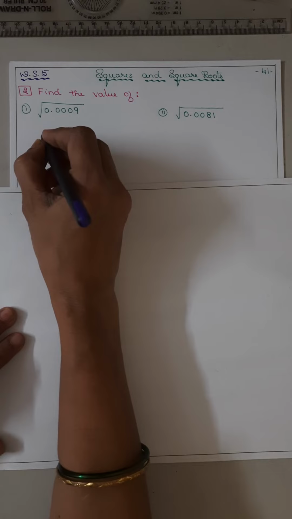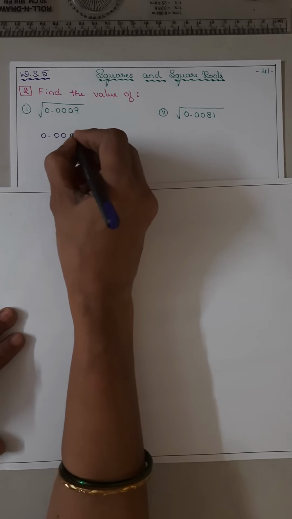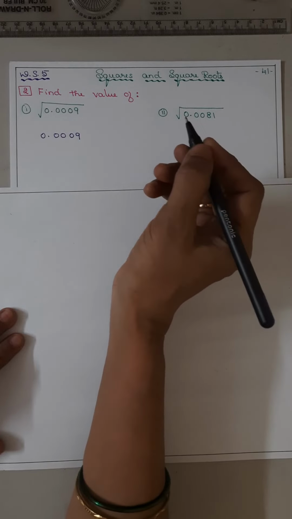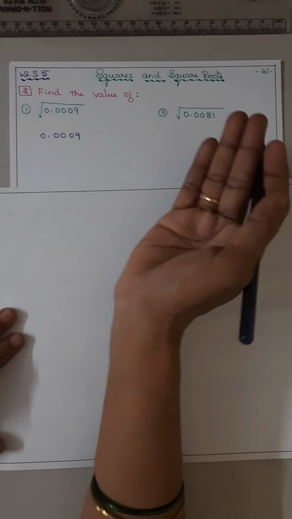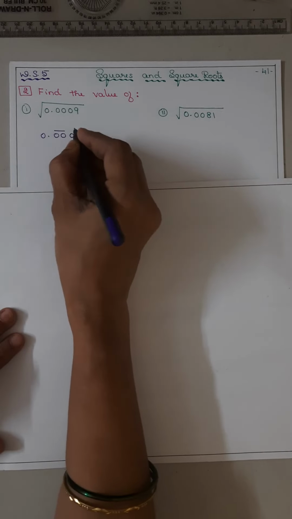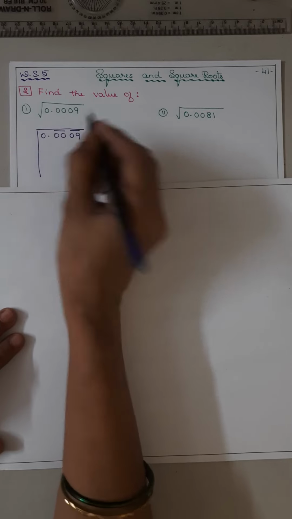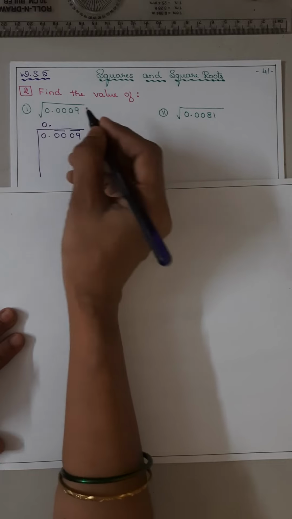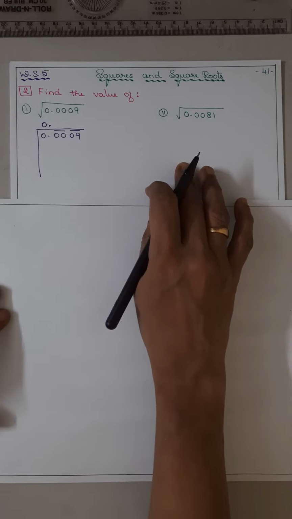Now write the question 0.0009. In a decimal, we have to group it in pairs from left to right. First write 0 point, the decimal place.